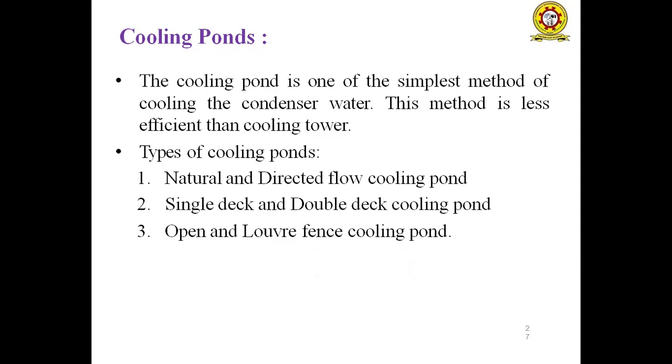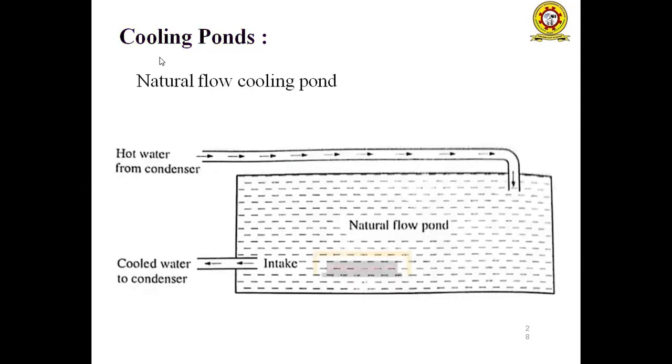In that, the first one, the natural flow cooling pond, is explained here. This is the simplest form of device for recooling the cooling water. A cooling pond consists of a large hollow pond in which the hot water from the condenser comes in contact with the atmospheric air.